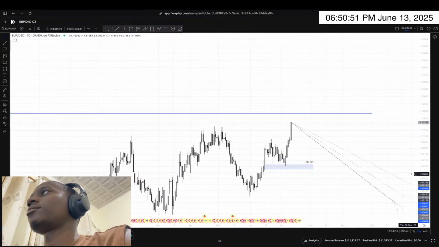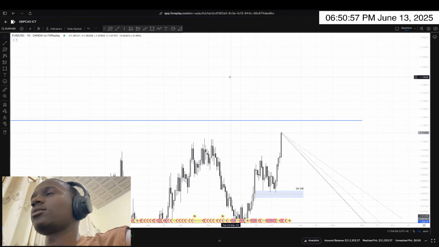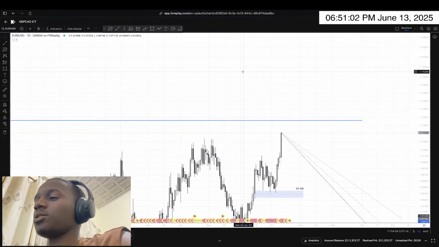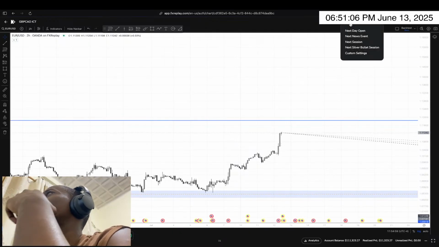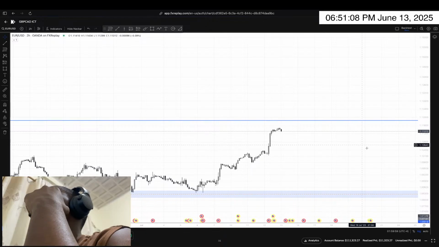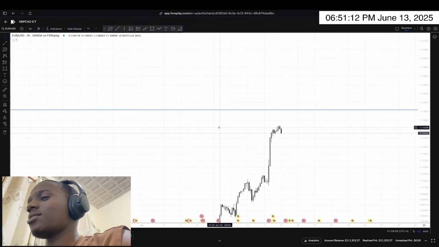Then on the daily, drop here, then push. So this candle is a good expansion candle. And then on the 2 hour, I think we're going to wait for the next day, no entry for today. Next day opens, right.